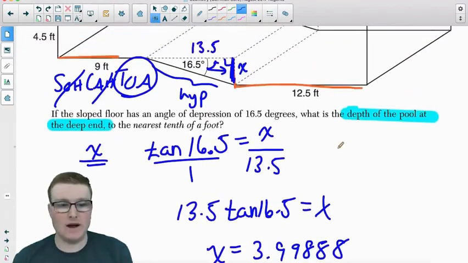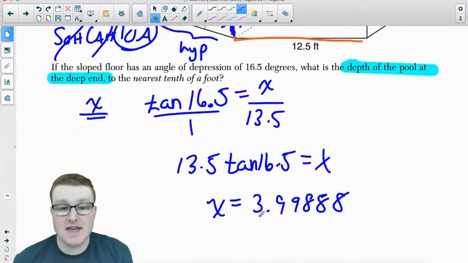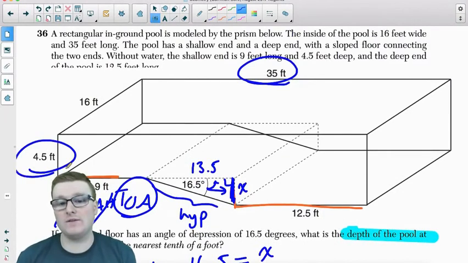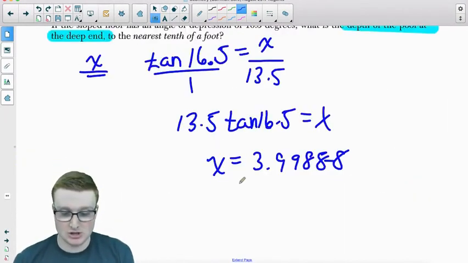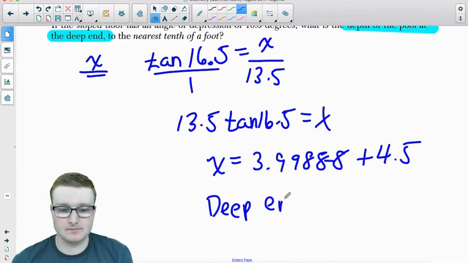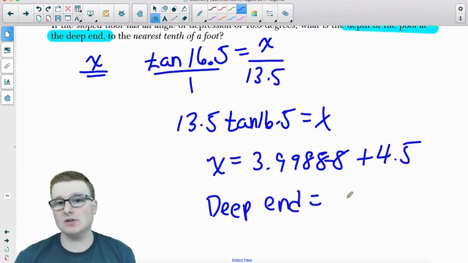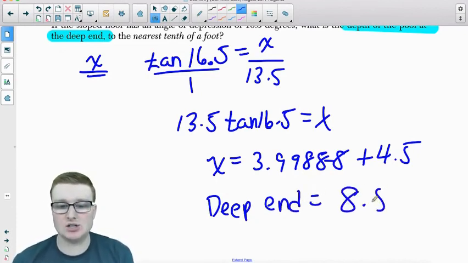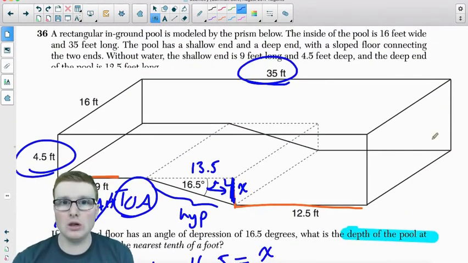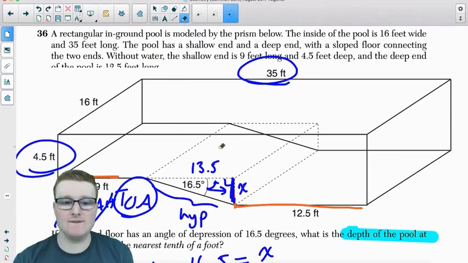Now it's saying find the depth of the pool. So we're just taking this 3.99888 and adding it to 4.5 to get the whole deep end. When you add those up and round to the nearest tenth, you get an answer of 8.5. So the deep end of this pool is 8.5 feet.